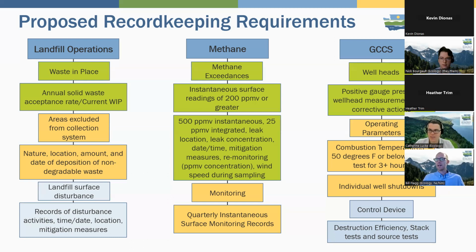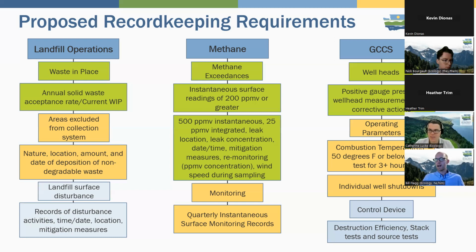Okay, on to the gas collection and control system record keeping requirements. We are looking at some record keeping requirements for wellheads, and this will include positive gauge pressure, wellhead measurements, and any corrective actions taken to solve that. Operating parameters of the gas collection and control system include any shutdown time for both the gas collection system and the control system, as well as the reason for the shutdown time.